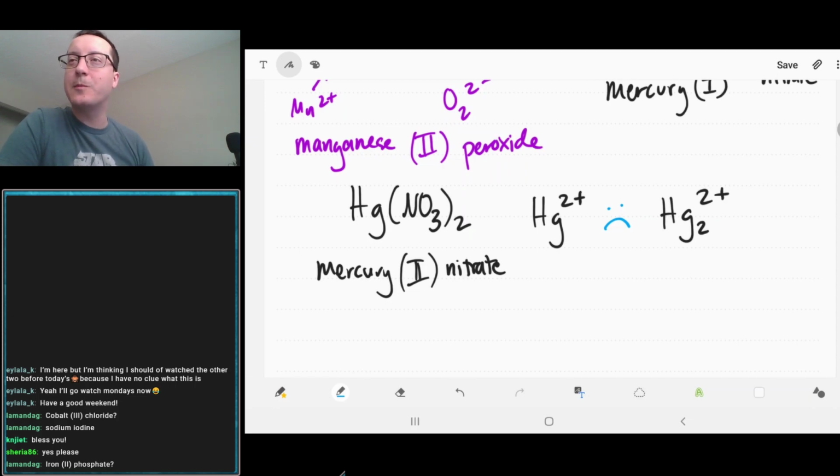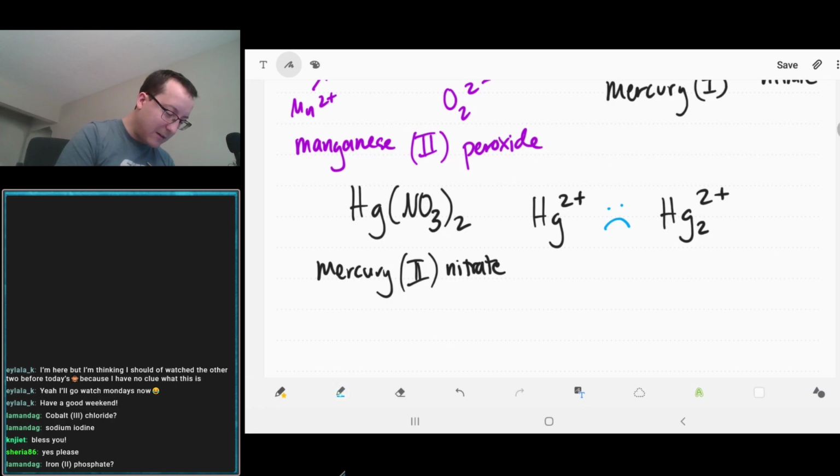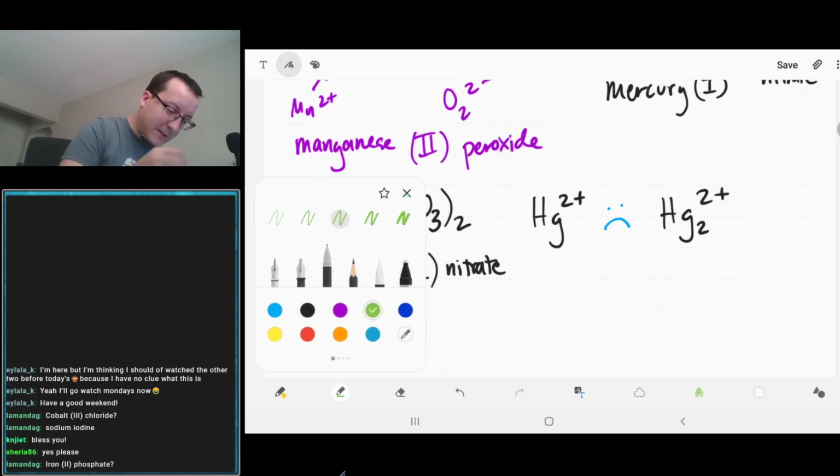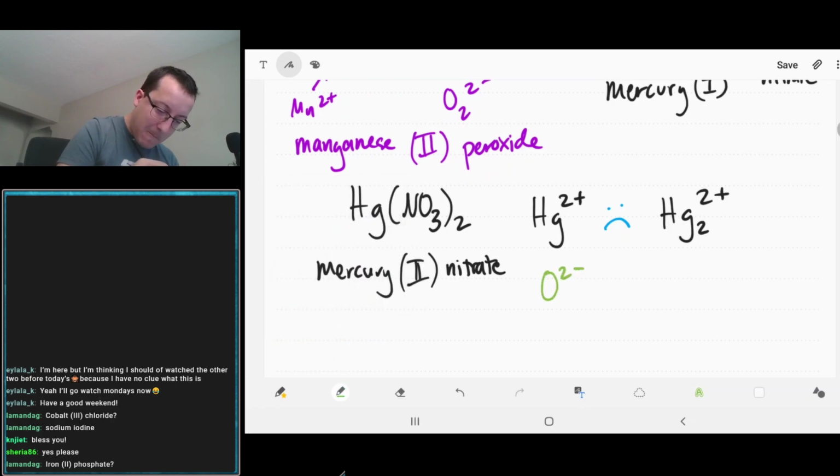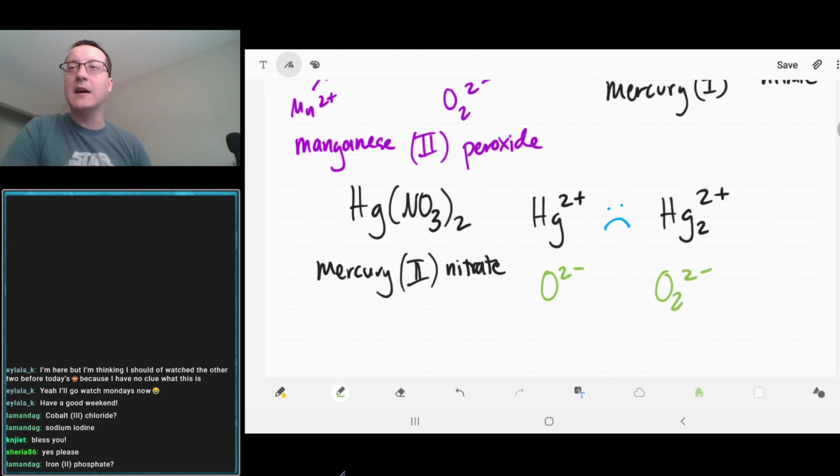So they look super similar. It's kind of just like oxide versus peroxide. It's similar. So mercury does something just like oxygen here. Though oxygen is also weird.